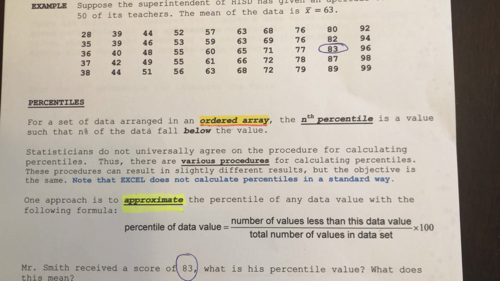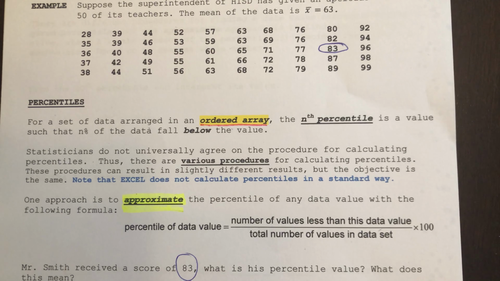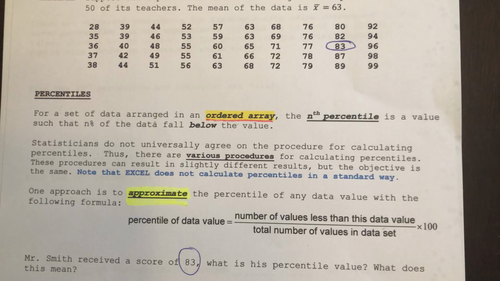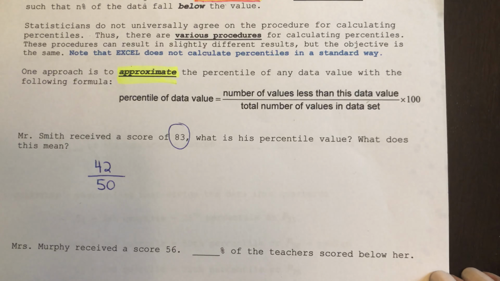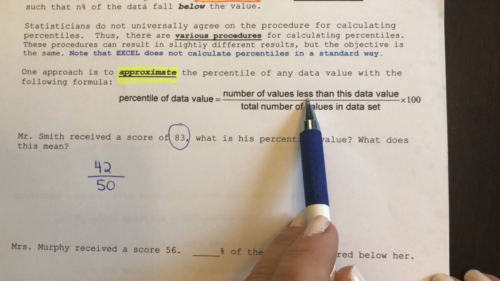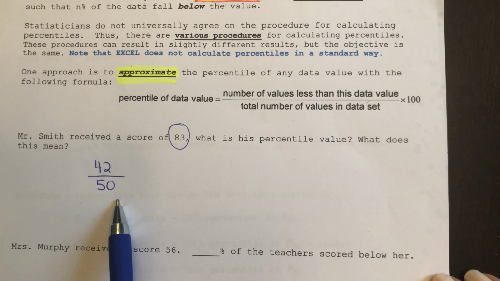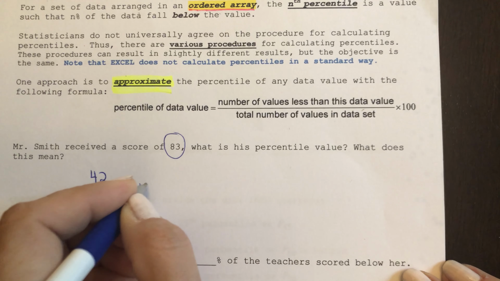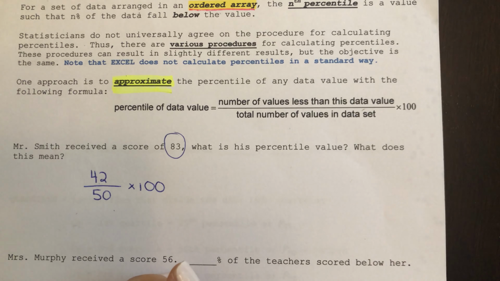To find his percentile value, we take 42 and divide by the total number, which is 50 teachers, then multiply that by 100.